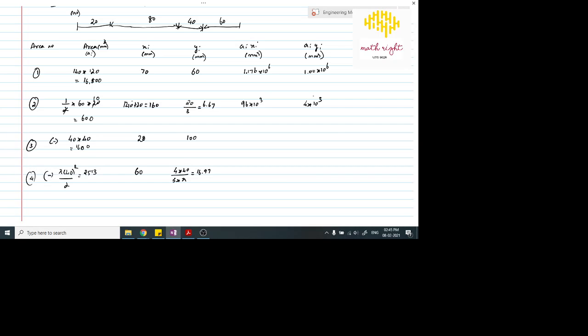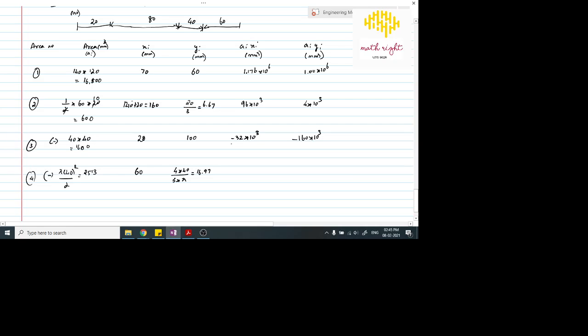Minus 1600 into 20, we get minus 32 into 10 to the power 3. 1600 into 100, we get minus 160 into 10 to the power 3.